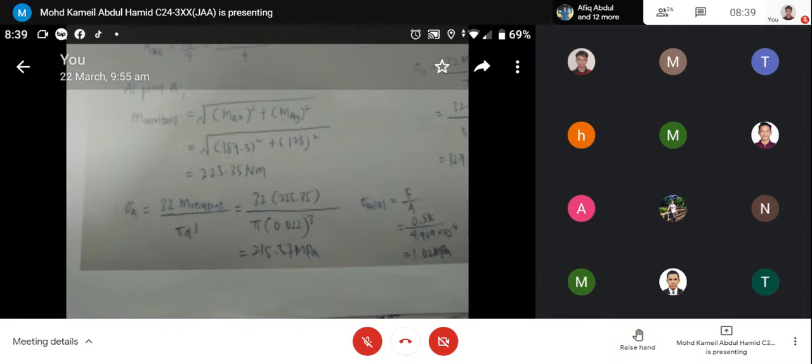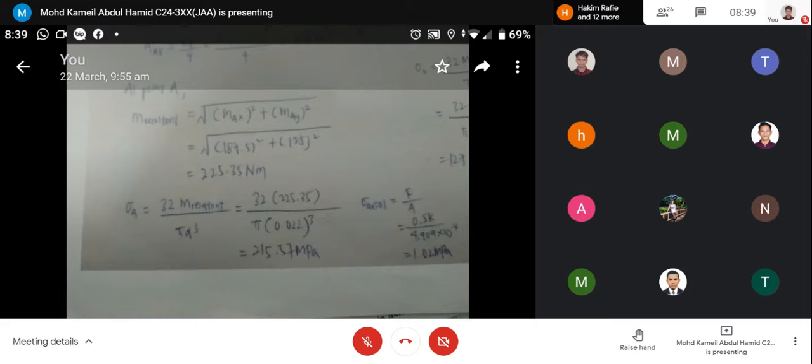And then at point A we have sigma axial, okay, axial loading. Okay, recall the formula P over A atau F over A. So the F is just your AX. AX is just 0.5 kilonewton.